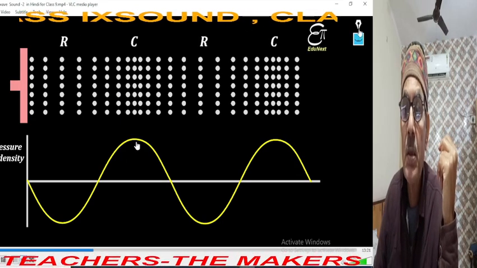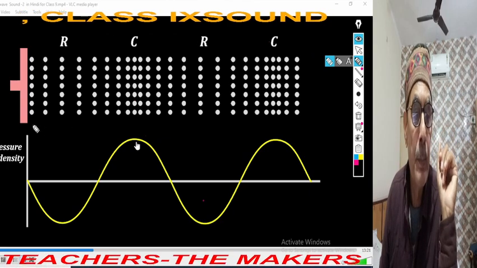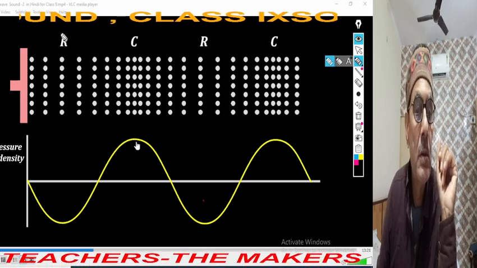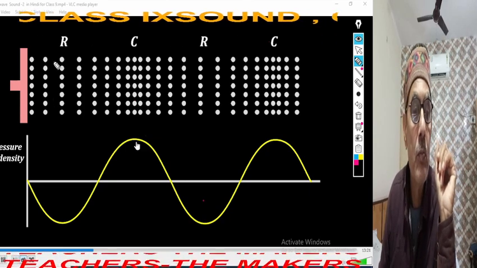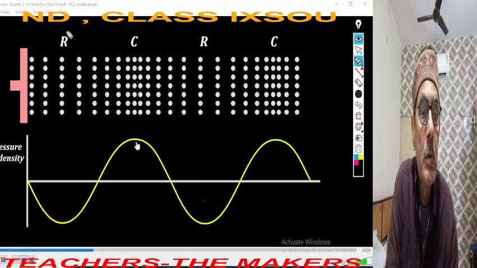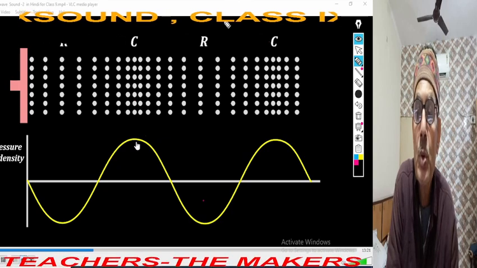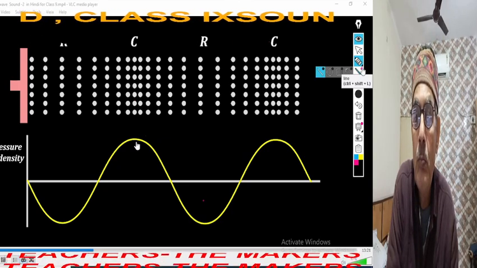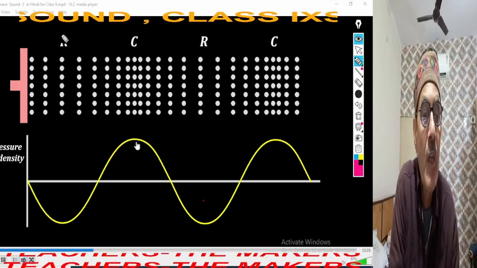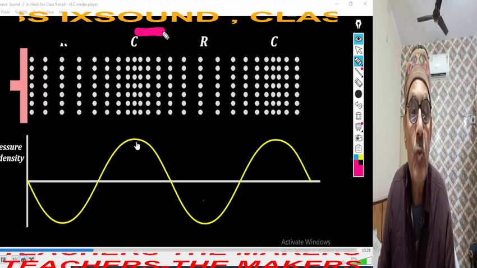So this is the wavelength, length of one compression and one rarefaction.